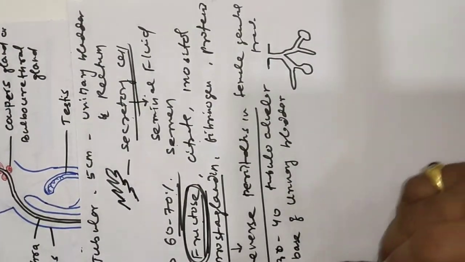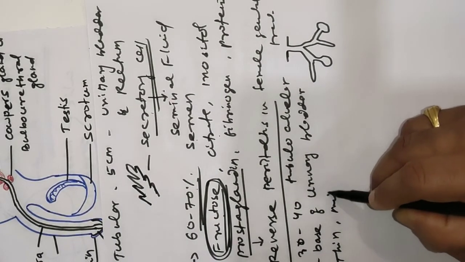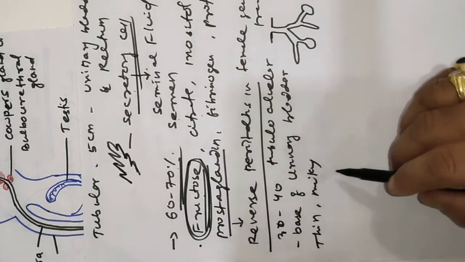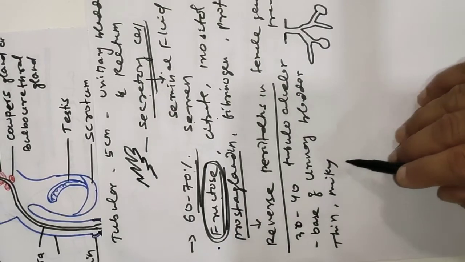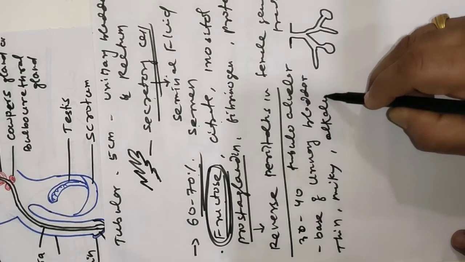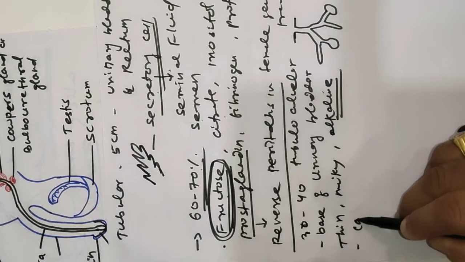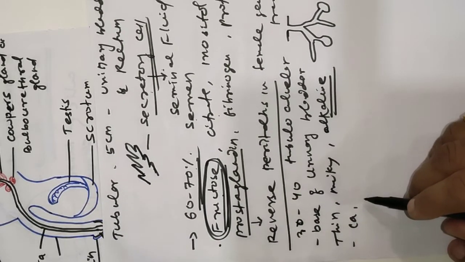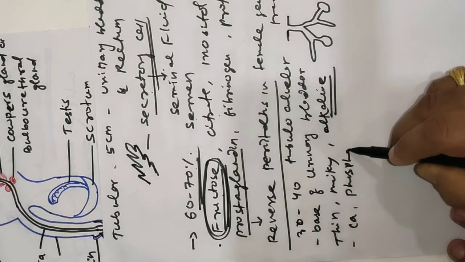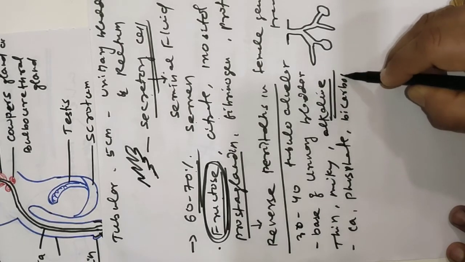The secretions of the prostate gland are thin and milky white. The semen is milky white in color due to the secretions of the prostate gland. It is milky white and alkaline in nature. It also possesses calcium phosphate and bicarbonate.